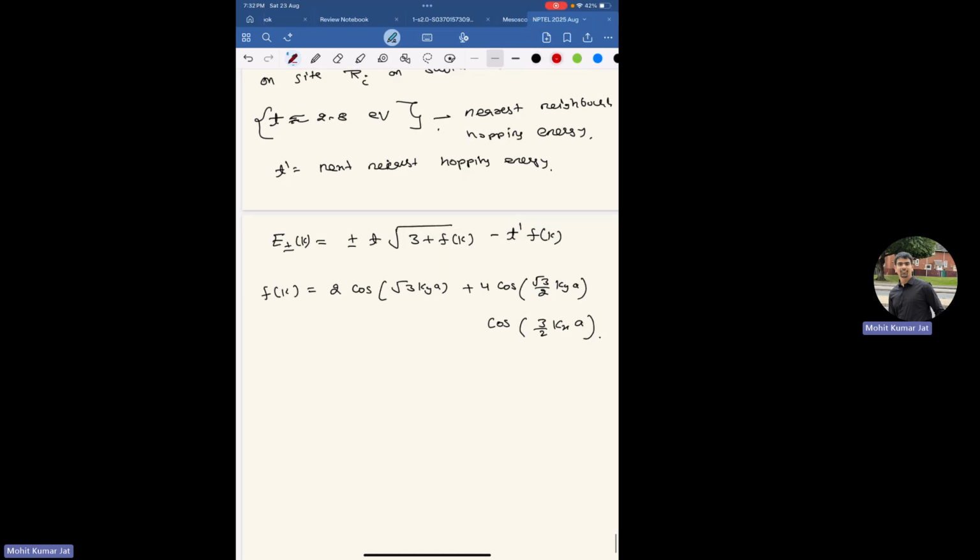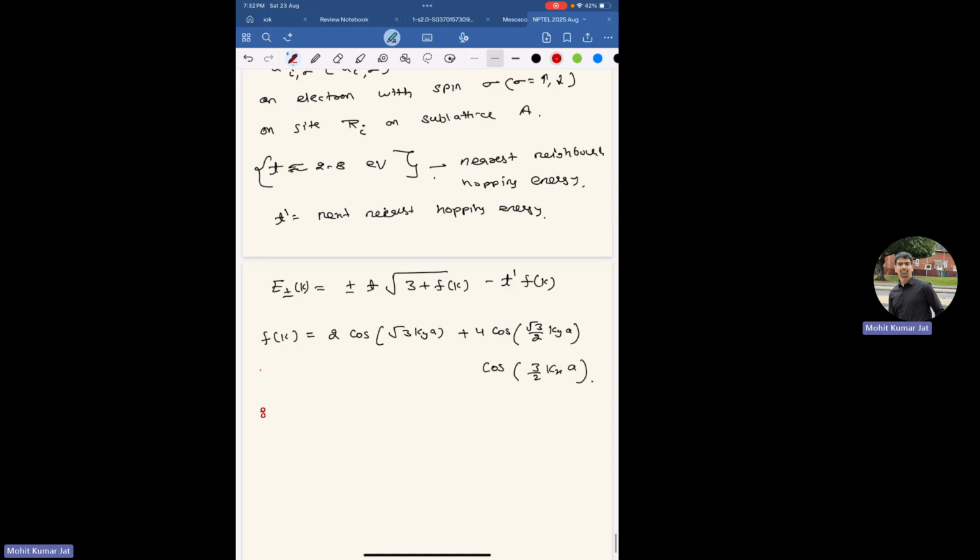So dispersion can be expanded near the K point. Your small k will be capital K plus q, where this K is the Dirac point, and here q is much less than capital K.